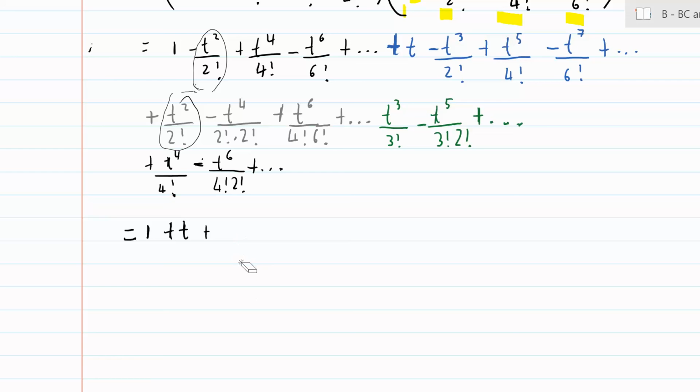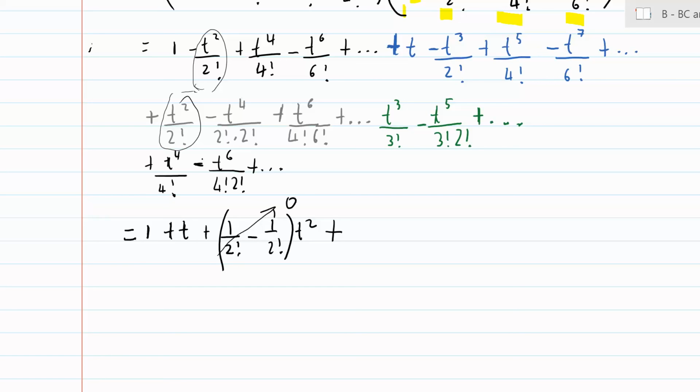So I'm just going to write plus 1 over 2 factorial minus the coefficient for that, which is 1 over 2 factorial again, and t squared outside. So we know this goes to 0. We can just say right now that this goes to 0.